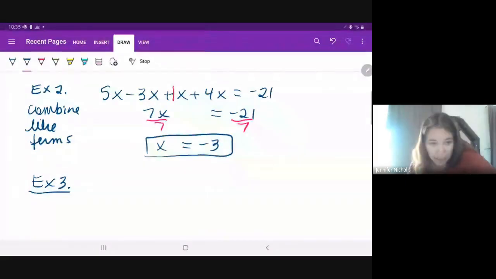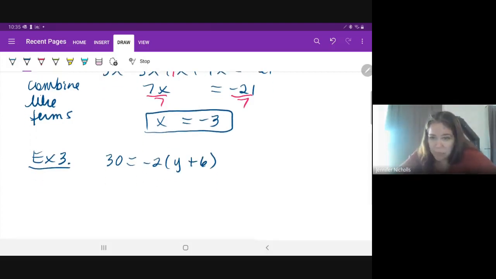Okay, example 3 is 30 equals -2 parentheses y plus 6. Okay, so what do you think? What should we do? I agree. Distribute, and distribute means multiply, right? So this is distribute.